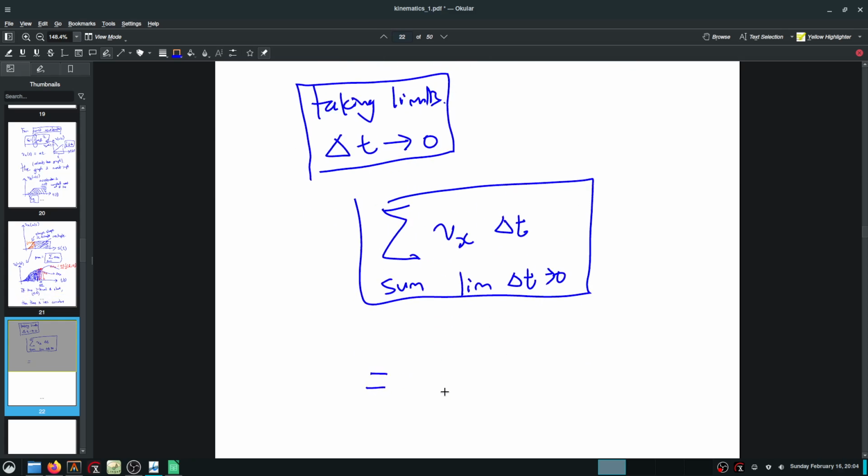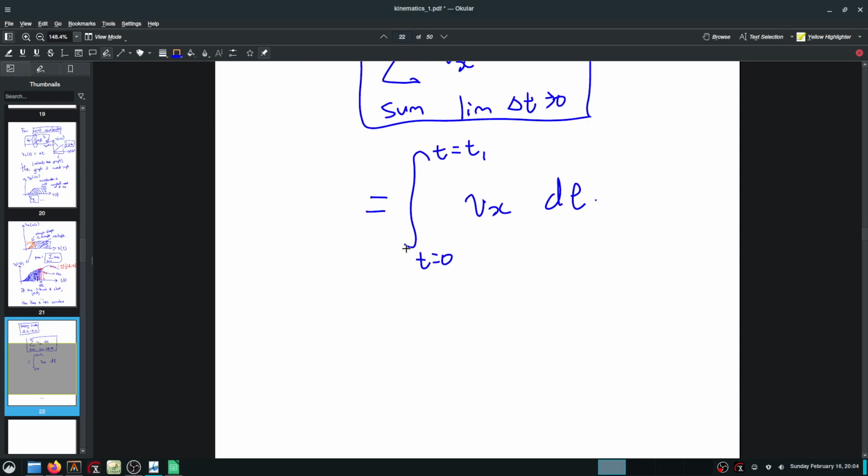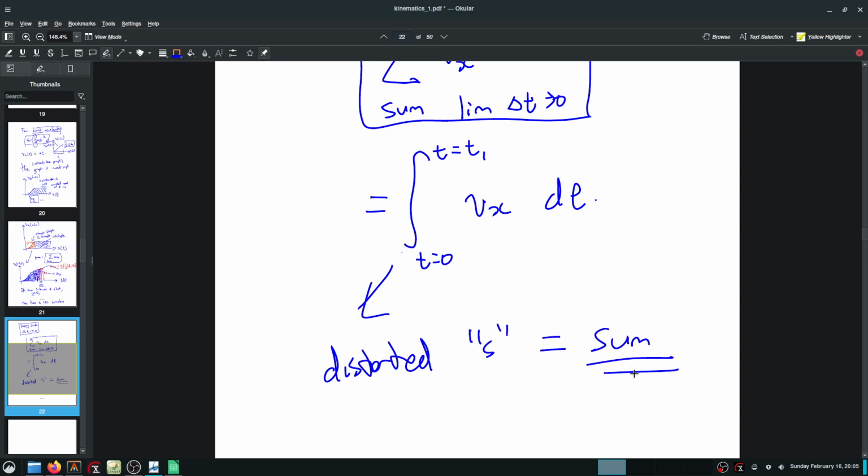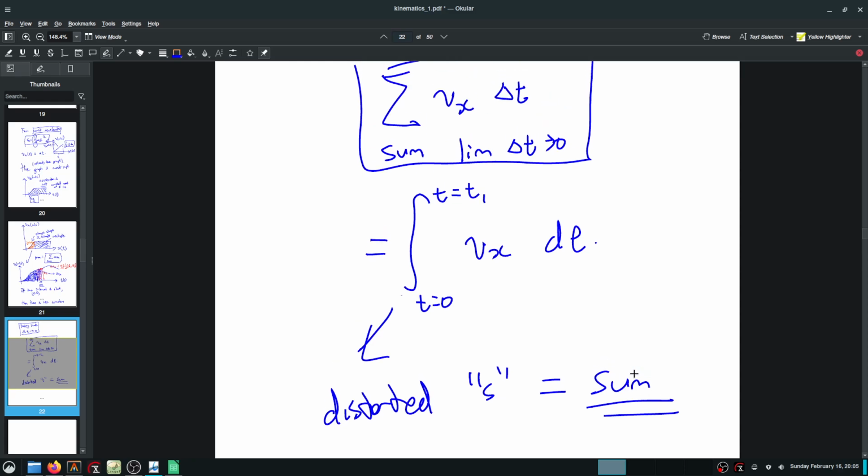You might have seen this before: the integral from t equals 0 to t equals whatever time, of vx dt. This thing here is a distorted s, which is a sum. So what am I saying here?